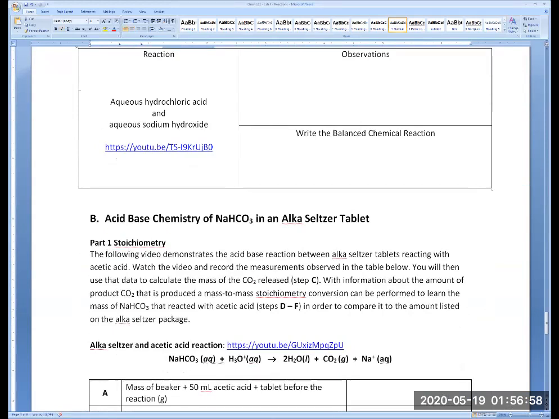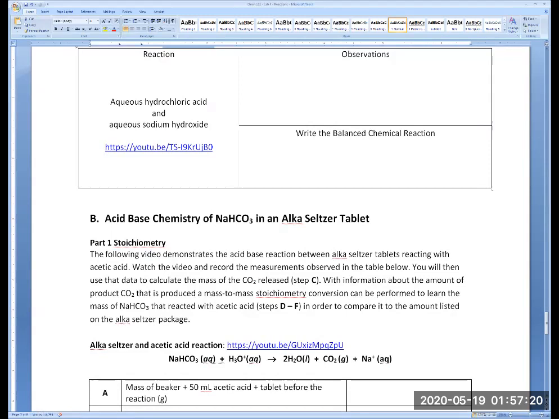long enough. So the second part is an acid-base reaction where we use Alka-Seltzer tablets that contain NaHCO3, sodium bicarbonate, also called sodium hydrogen carbonate. There are two names, but it's the same thing.